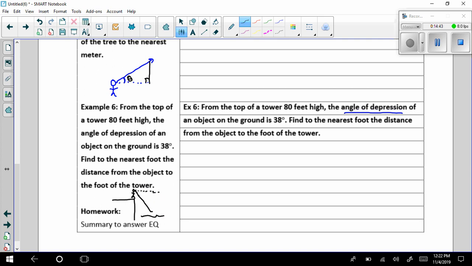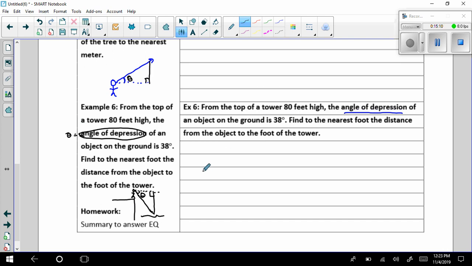It creates, again, that right triangle, but that angle of depression is inside that one. Okay. So it would be going down this time. So there's theta. The picture's a lot smaller here. Theta is your angle of depression.